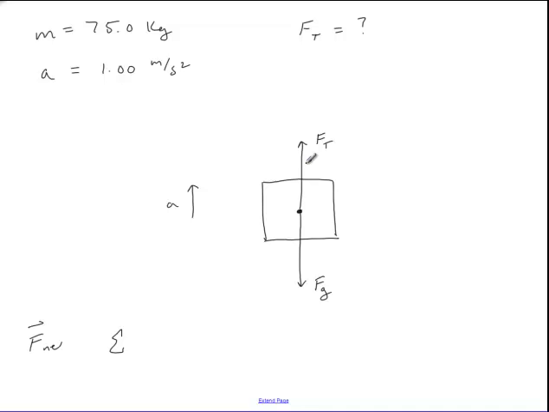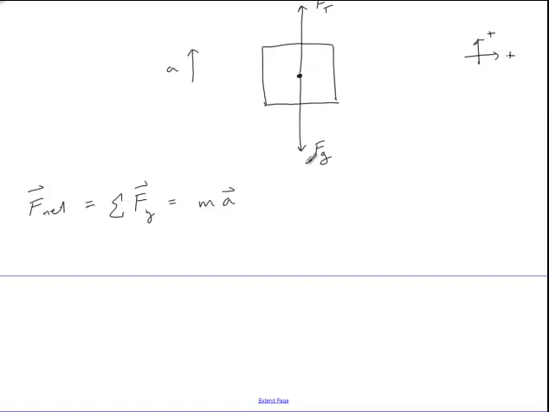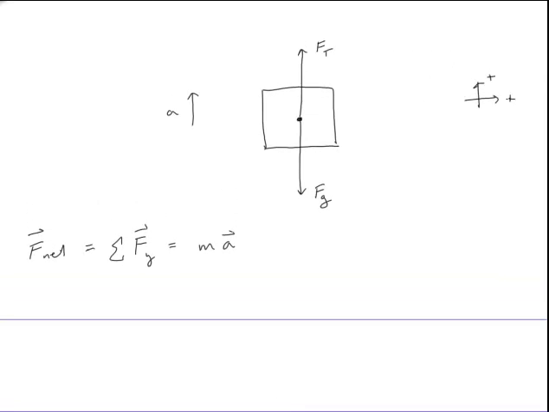Again, F net equals sum of the forces equals mass times acceleration. These are all vectors. Up is positive, right is positive. In this case, we're only looking at up and down, which means we're really only looking at the y direction. We're looking for F_t.